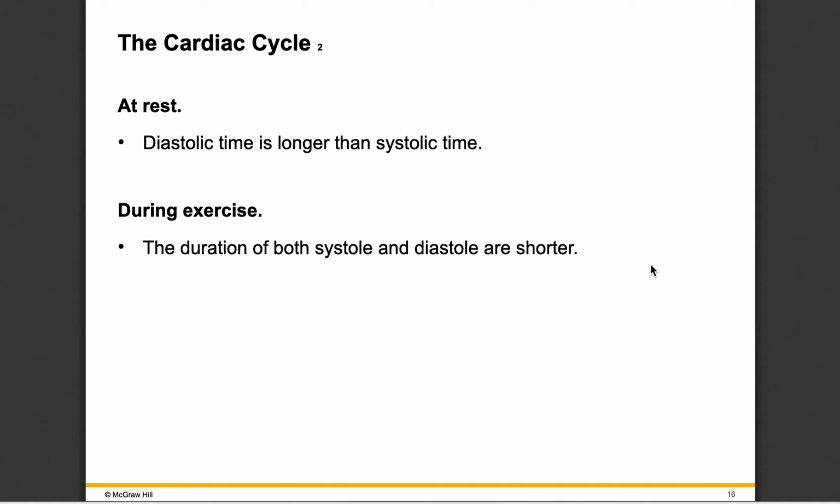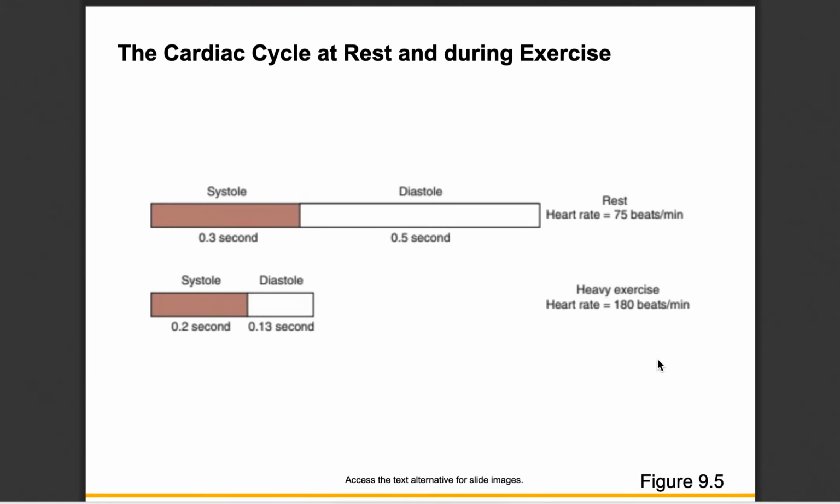Systole does get a tiny bit shorter, but really, for the most part, systole stays about the same timing, but diastole gets much, much shorter, and the faster the heart rate is, the shorter it becomes. And so you can kind of see here, there is, like I said, a small change, but it's very minute, but that diastole changes a lot when you start increasing that heart rate.